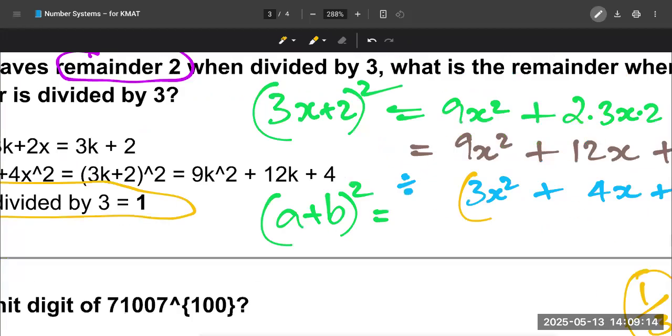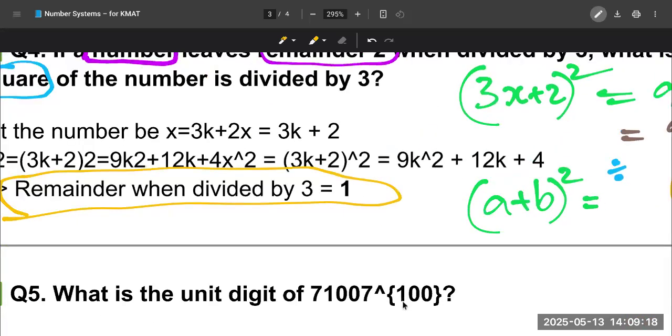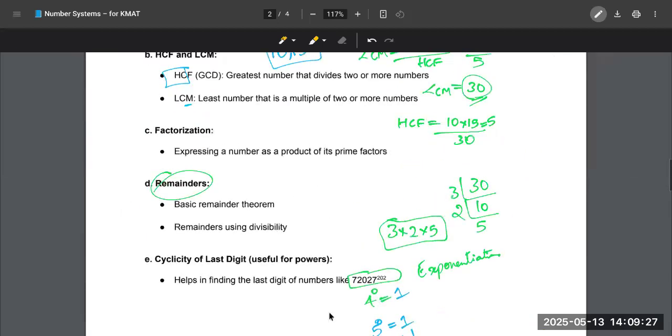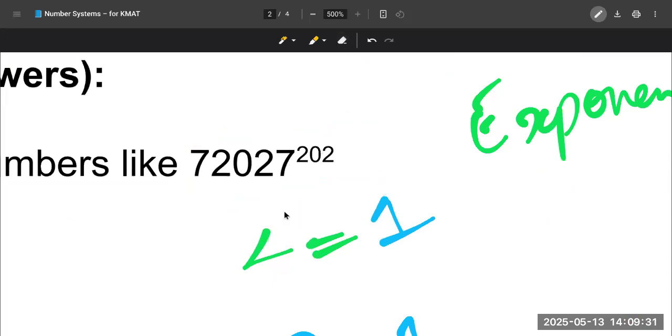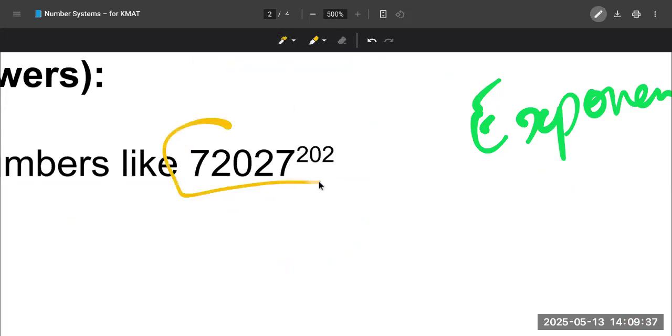What is the unit digit of 71007 raised to 202? How do we find the unit digit of this?